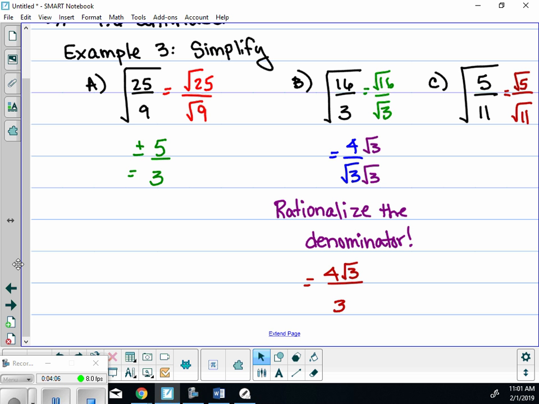Now, can we simplify either one of those? So, I have square root of 5 over square root of 11. That is not simplified because I cannot leave square root of 11 in the denominator. So what do we do?